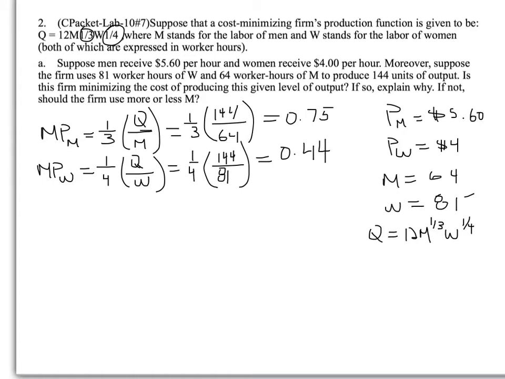Now we can calculate the marginal product of men per dollar, which is the marginal productivity of men over the price of men.